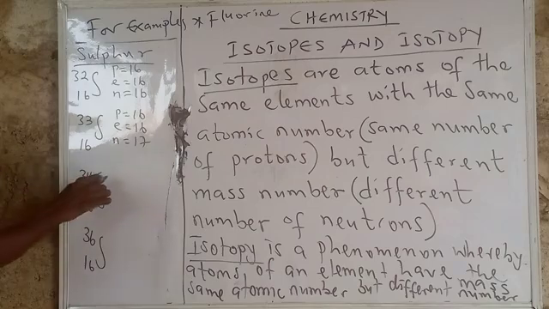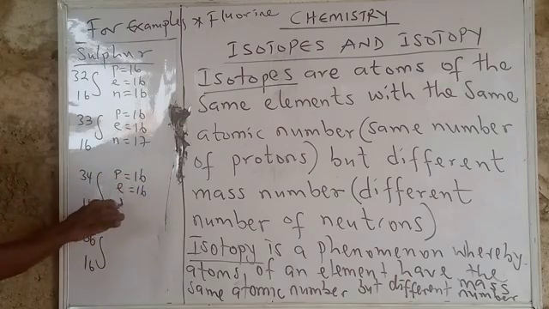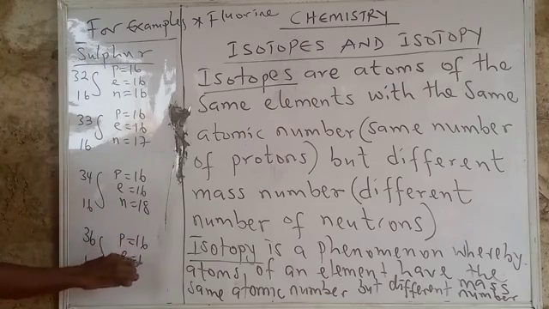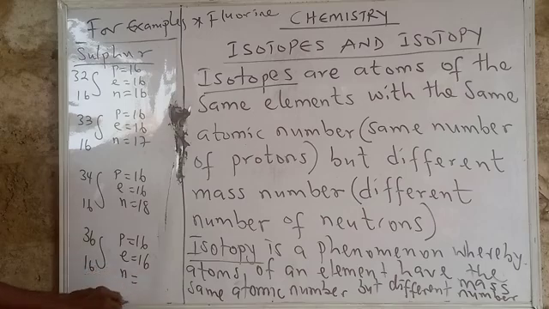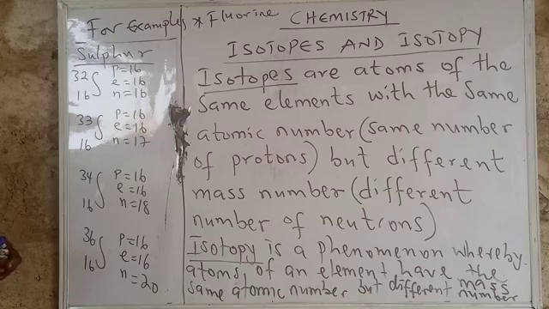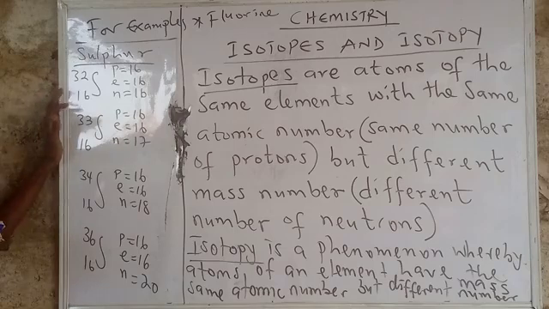In sulfur 34, proton 16, electron 16, neutron 18. In sulfur 36, proton 16, electron 16, neutron is 20. So these are the isotopes of sulfur atoms.